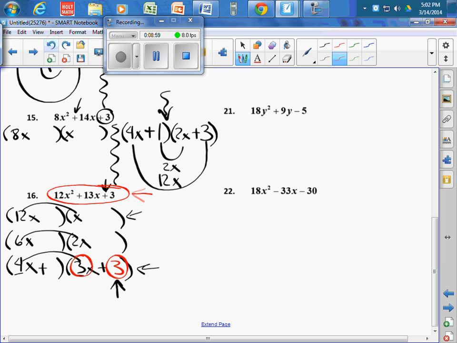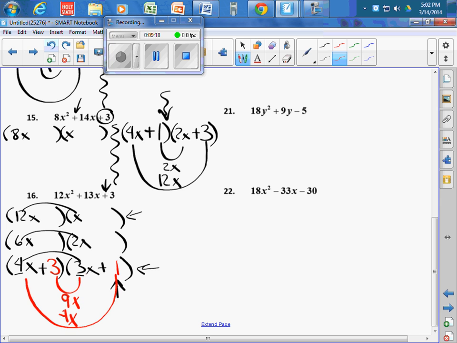So that tells me right away I cannot put a 3 there. So if 4x and 3x are going to work, it would have to be the 1 here and the 3 here. And let's see if we get 13x in the middle. 9x, look at this. 4x, 13x in the middle, we're done. 4x plus 3, 3x plus 1.